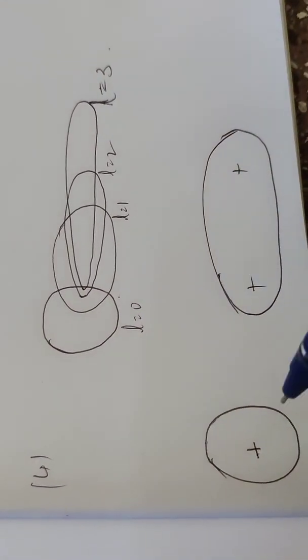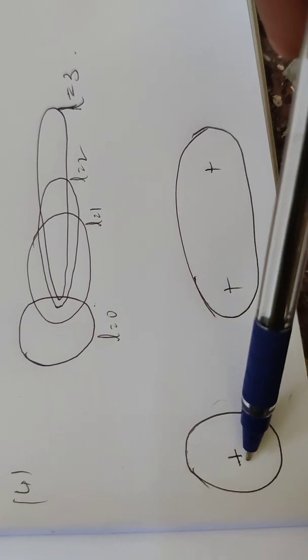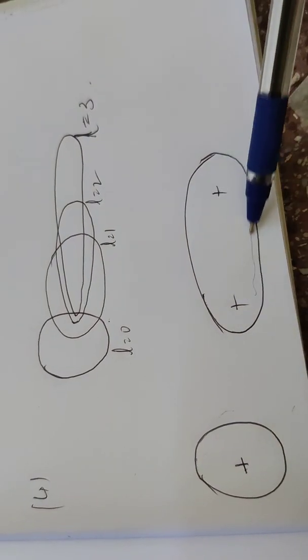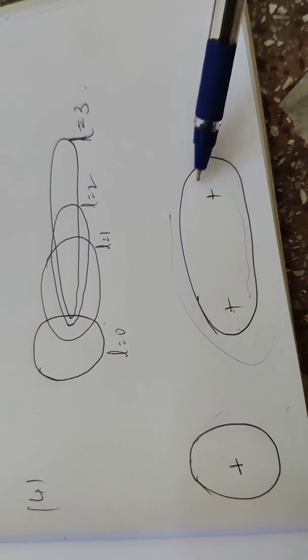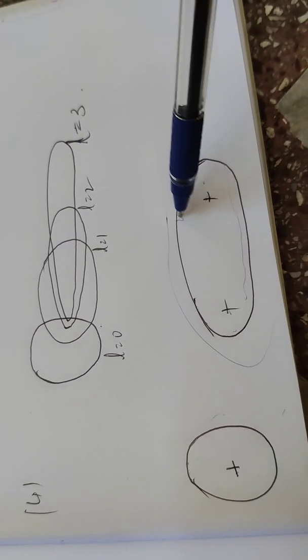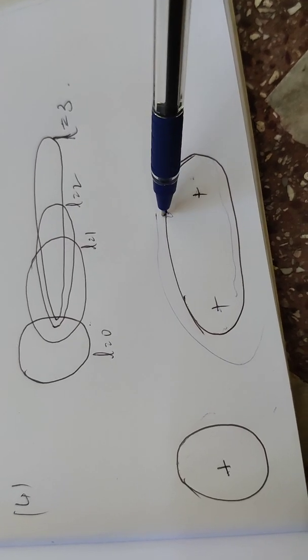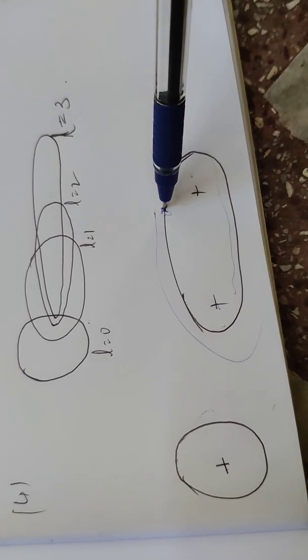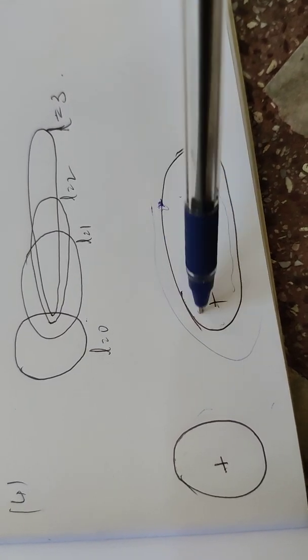when an electron is revolving around the stationary orbit, it has one center. But when an electron is revolving in this elliptical orbit, it has two centers, that we'll call foci. Depending on the position of the electron, it has these foci.